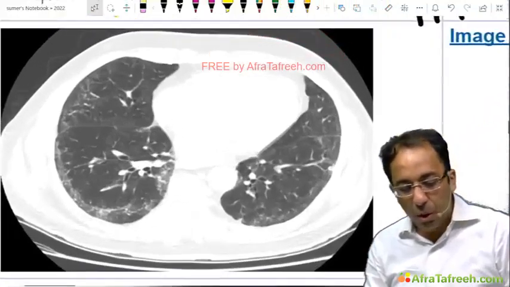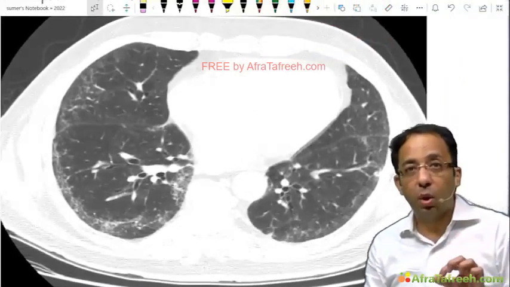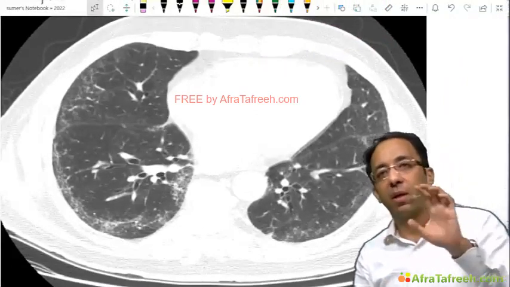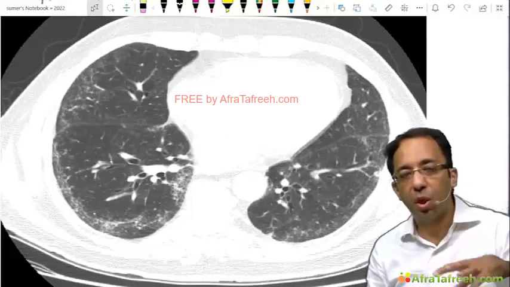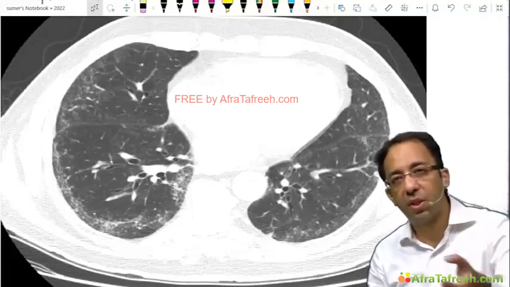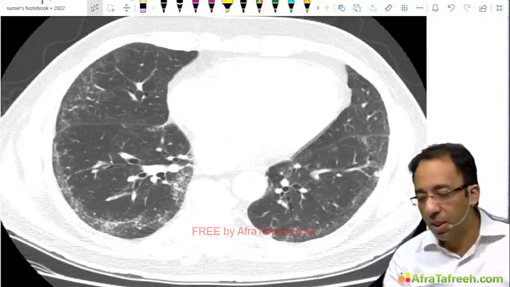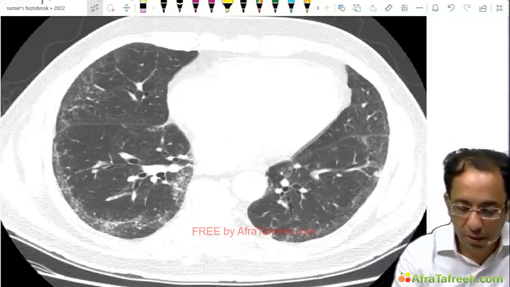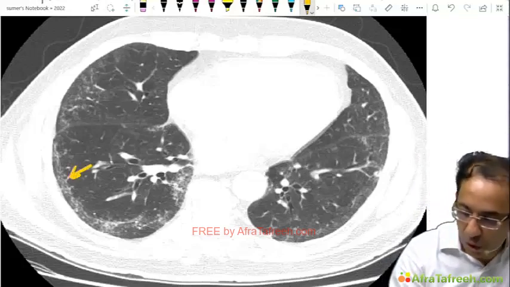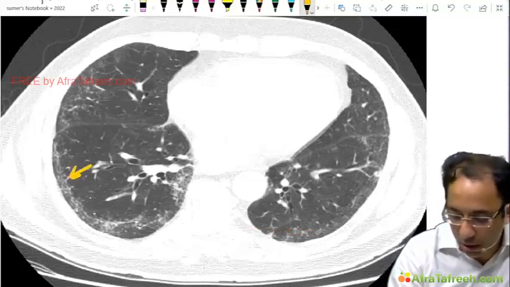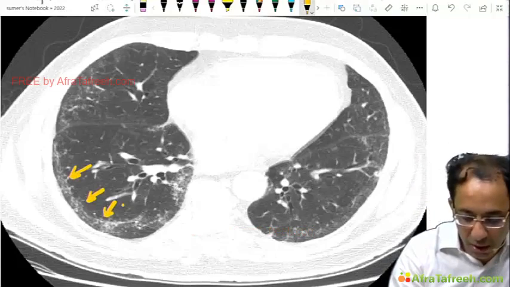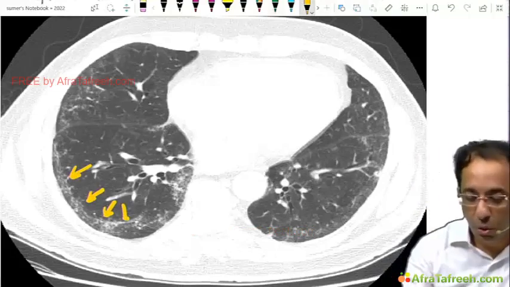Now the important thing that you have to understand: if the history is similar, a 6-month history of breathlessness and dry cough, but the image is this, then you will say ground glass opacity.